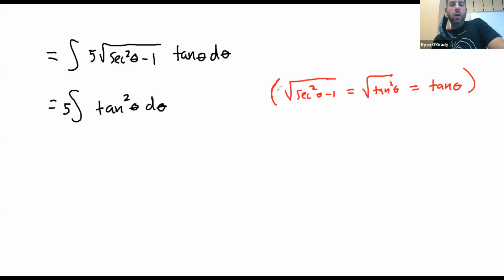If you want to argue technically, we should be thinking about the tangent in terms of absolute values. Here's an important fact that many of us forget about absolute values: the square root of a squared, by definition, is the absolute value of a.